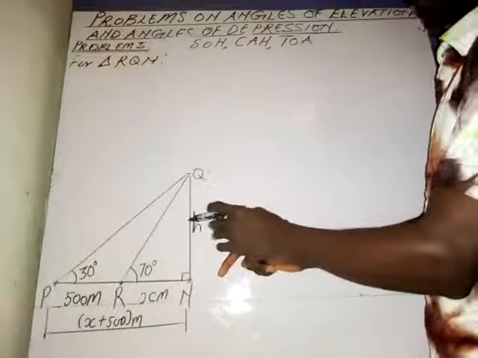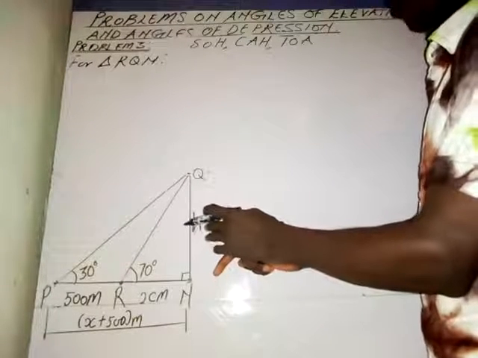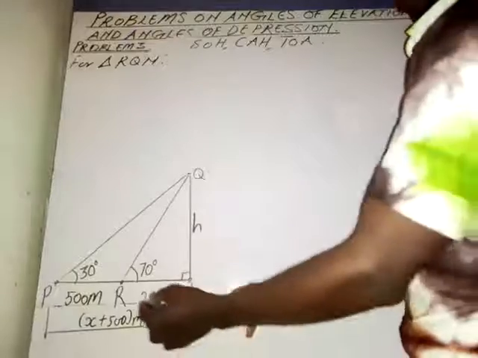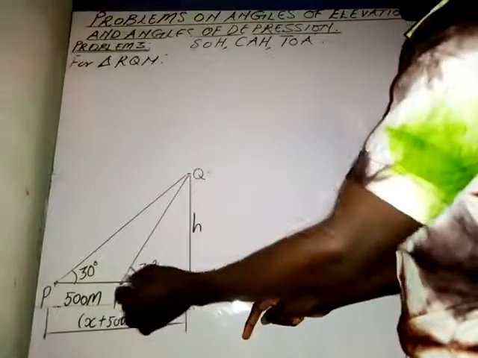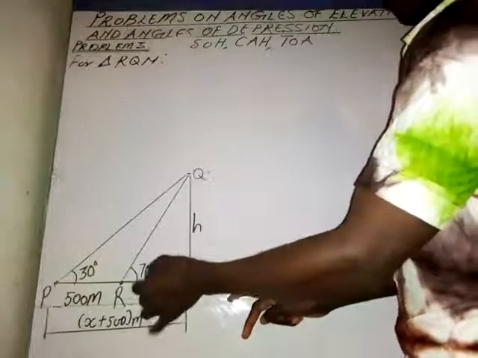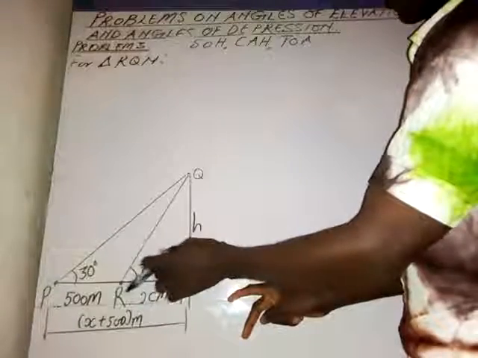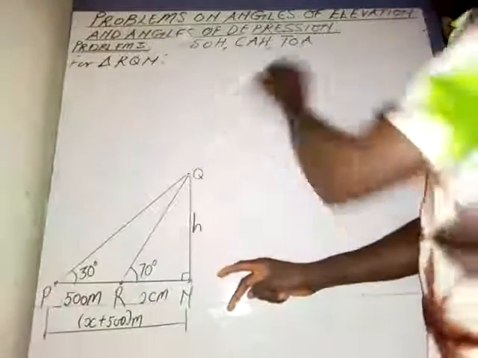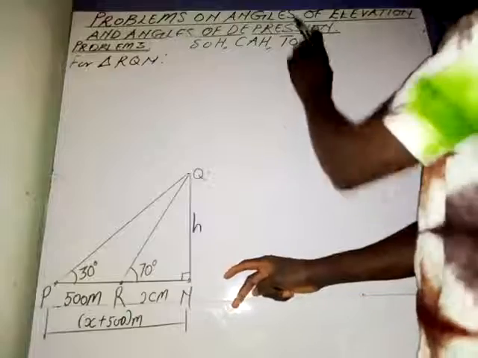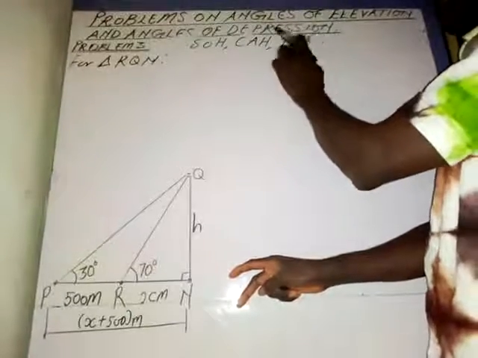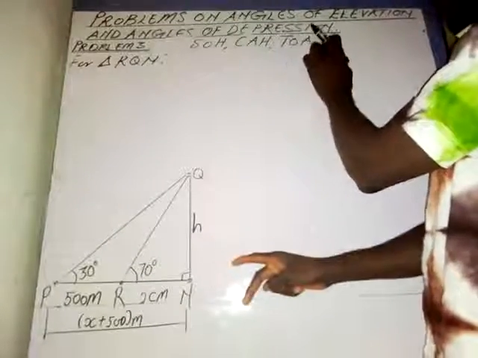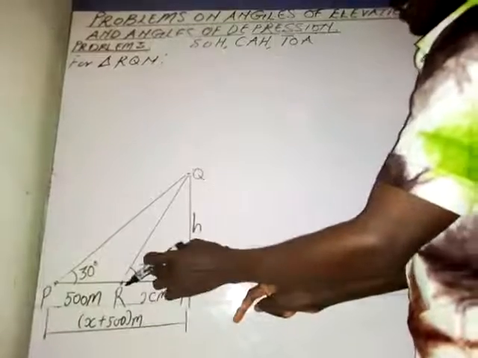The height is what we are looking for. So we assume that it is given, and then I have this RN, which is the adjacent, and then I have this included angle. So which one among these are we going to use? We are making use of this one because we have the opposite as H and we have the adjacent as X, and then we have the angle.